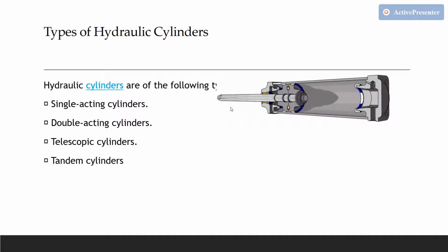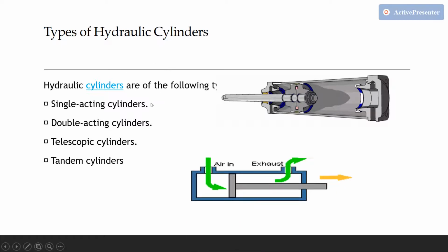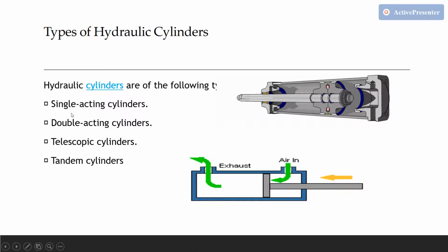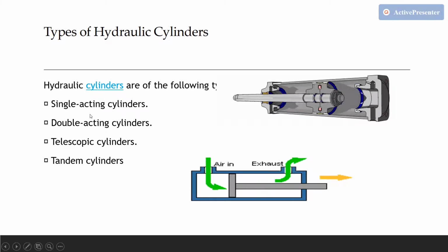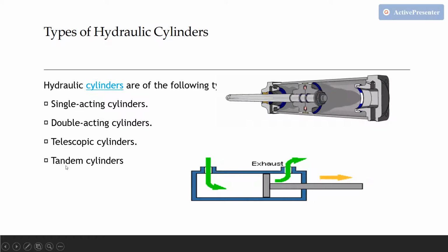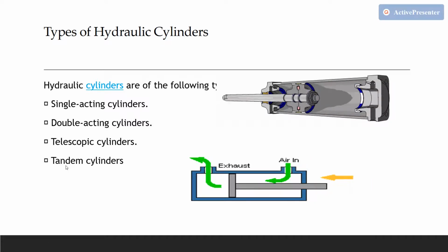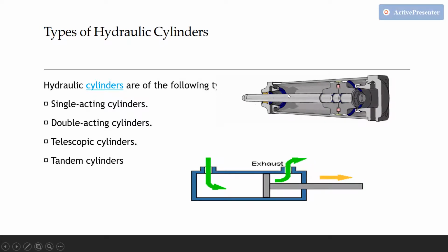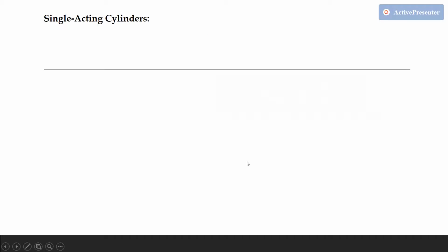So that is what an actuator is all about. In this session we'll be discussing single acting cylinders, double acting cylinders, telescopic cylinders, and tandem cylinders. Now, the image which I showed first is a single acting cylinder and this one is a double acting cylinder, as you all know.